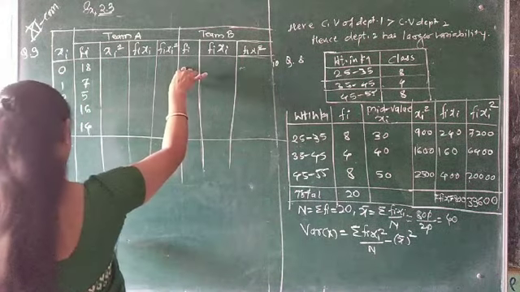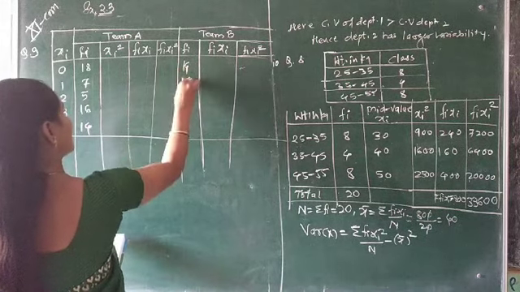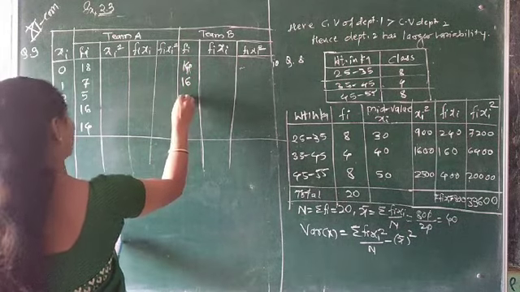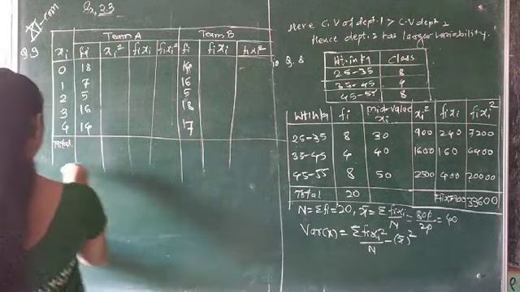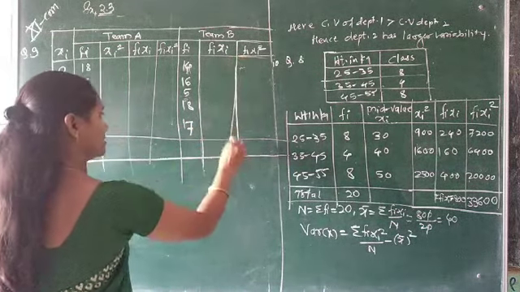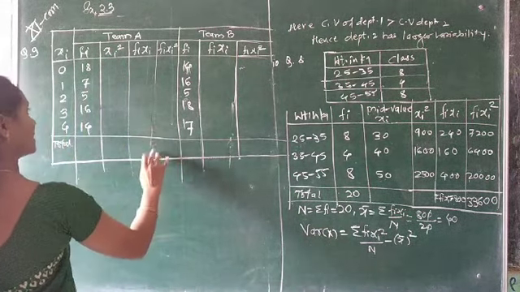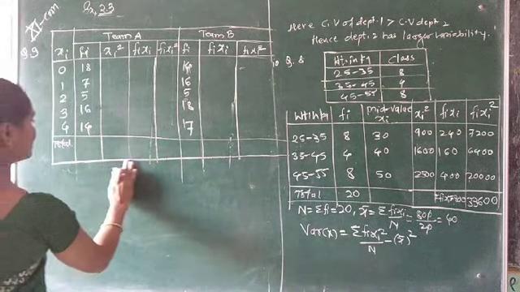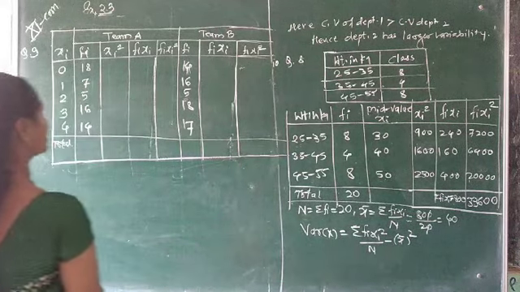And next for the second team, fi is 14, 16, 5, 18 and 17. So first we construct the table for this. Then from this table we are going to find the variance of it, and if we get the value of variance, then from this we find the standard deviation.